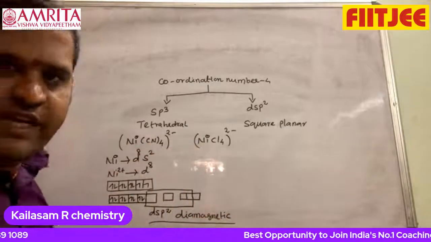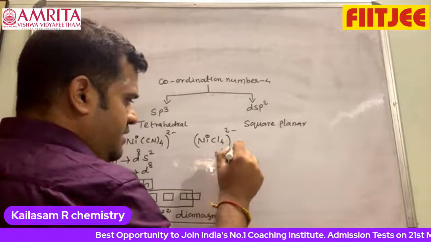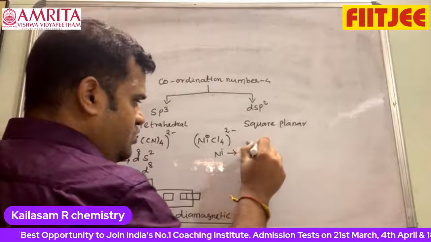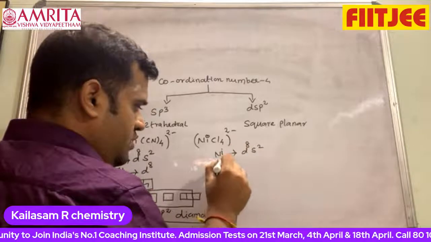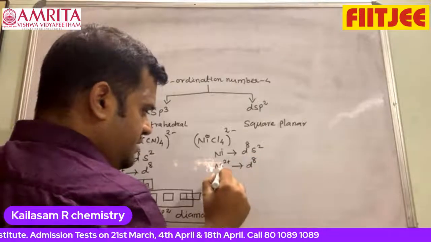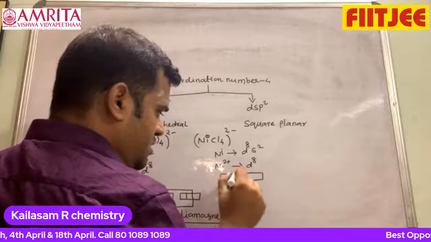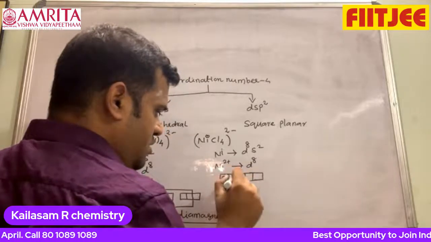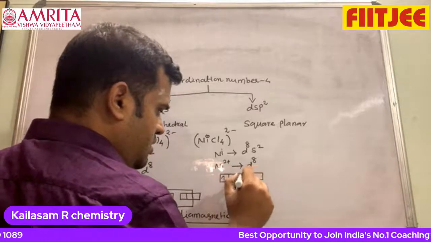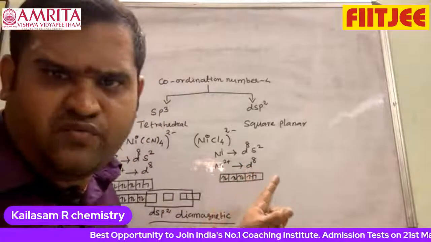Now in this case, if we take a look at the same thing, nickel is d8s2, nickel 2+ again d8. That's all. Now Cl is what? Weak ligand.